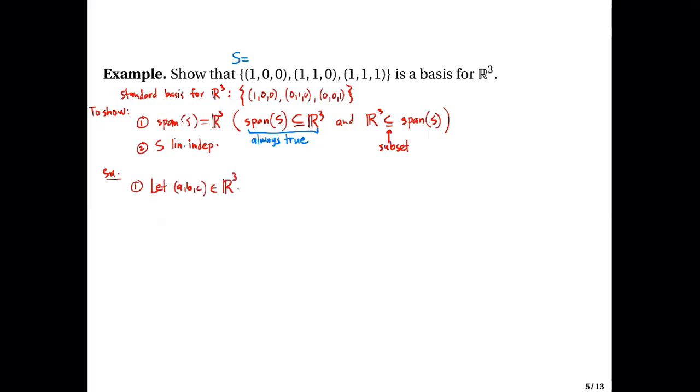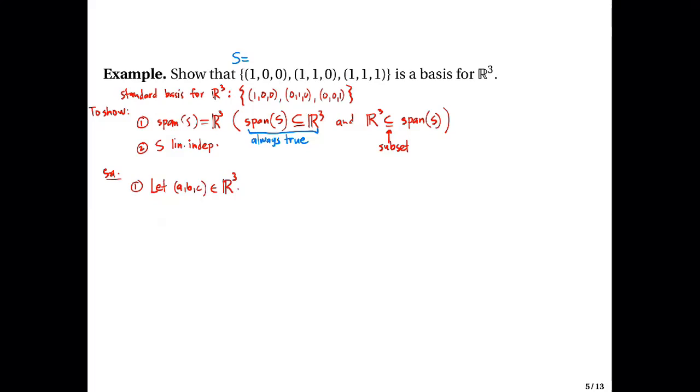We want to find that this (a, b, c) can be generated by these three vectors here. We need to find coefficients for these vectors to obtain that (a, b, c).